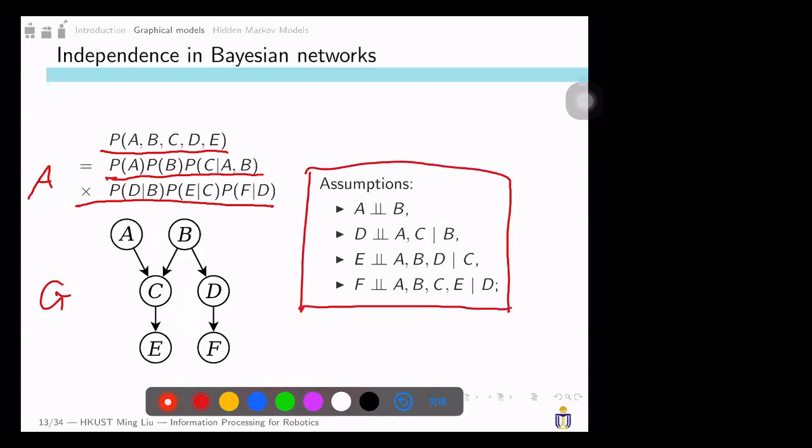This assumption tells A and B, they're independent. This sign just means independent. And that's a conditional independence. Given B, D and AC are independent.